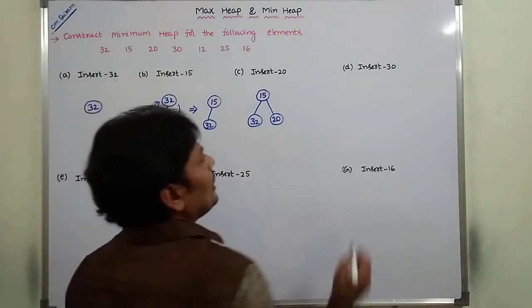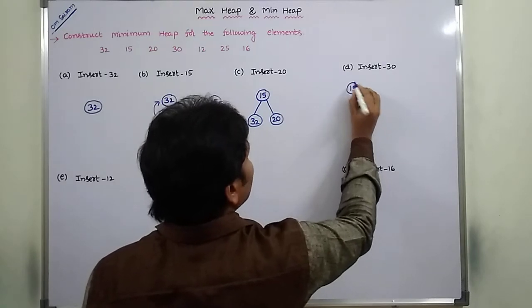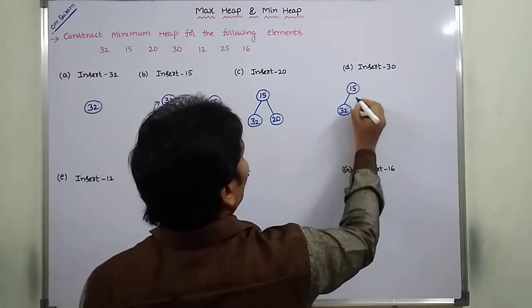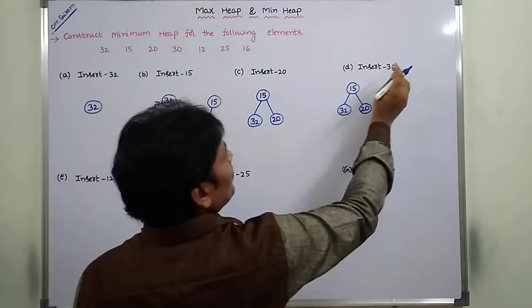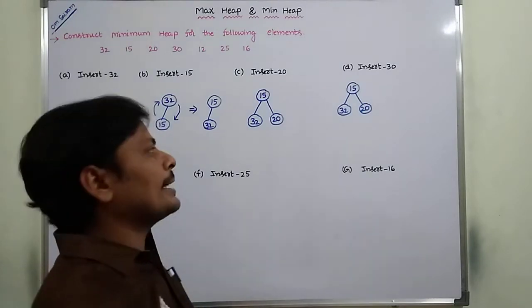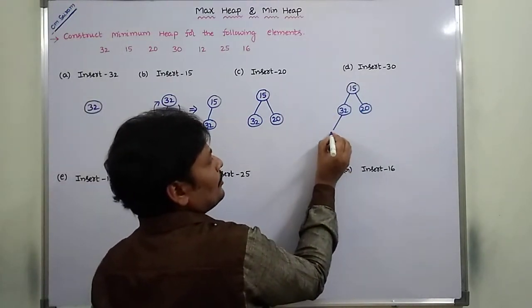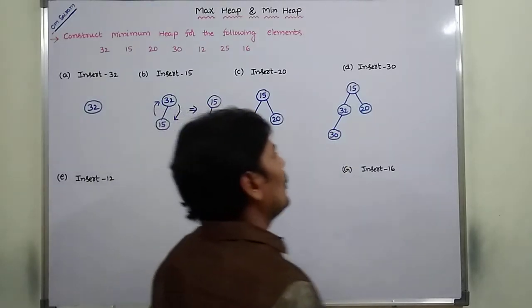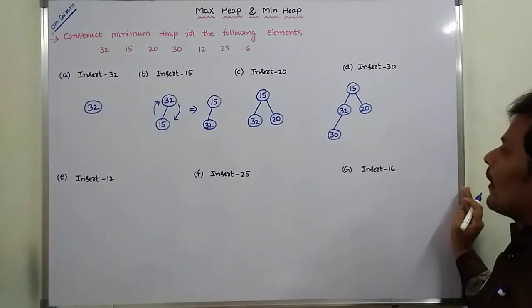Next we have to insert 30. Before inserting 30, the existing minimum heap is this one. Now 30 can be inserted as the left child of 32. Now, does it satisfy the minimum heap property or not?